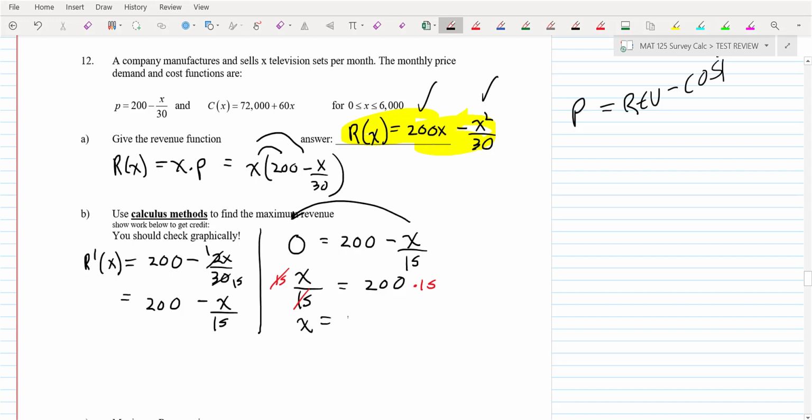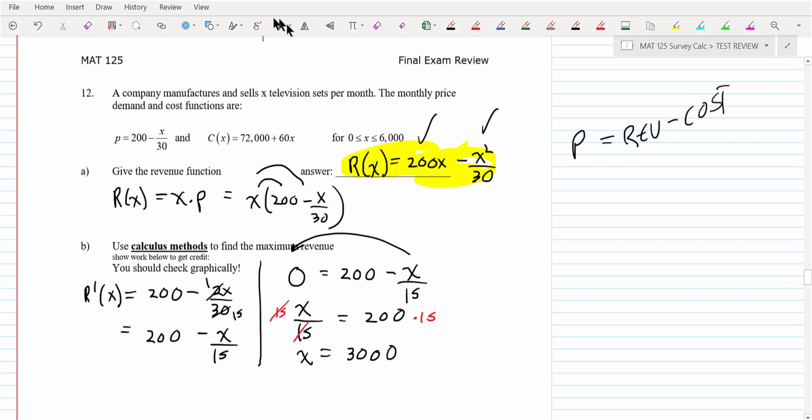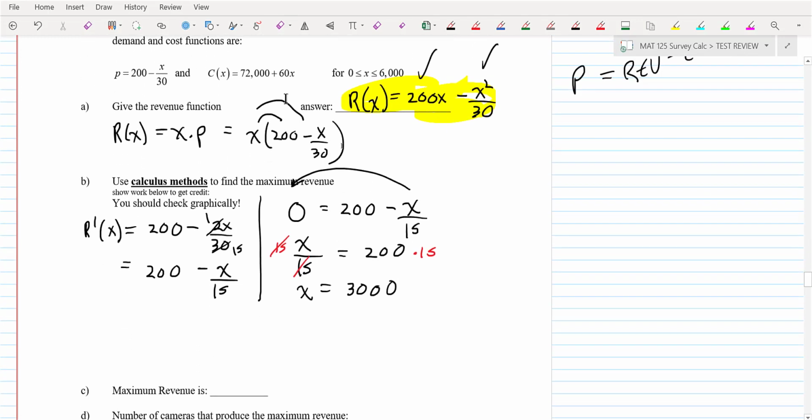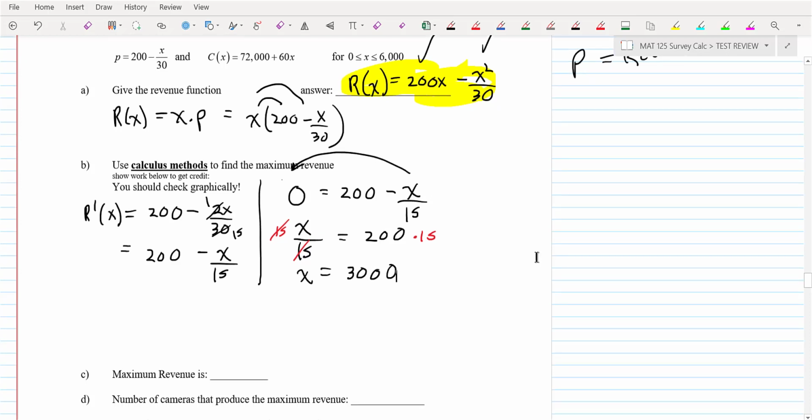I think that's the same problem I gave on test 3. Okay, is that the revenue? Is that money? No, that's not money. What does x represent? You have 3,000 television sets. So that's not the answer to the problem. That's not the revenue. That's the number of cameras that produces the maximum. So where do you find the revenue?